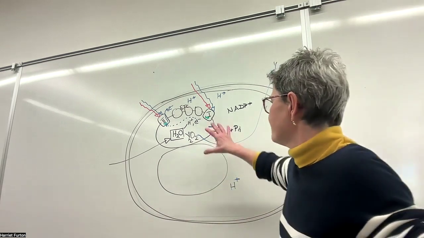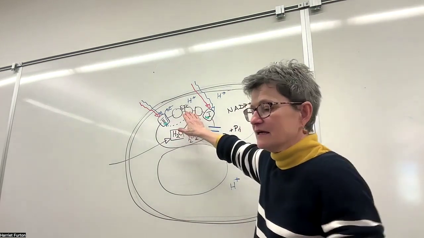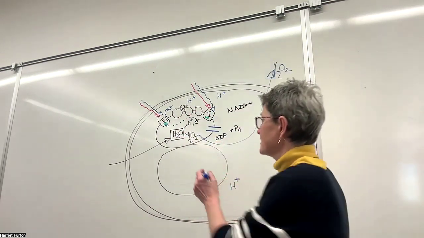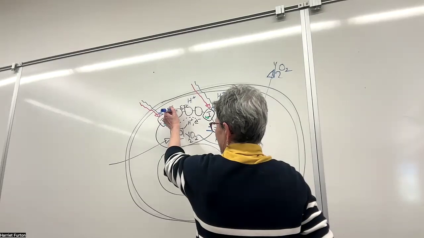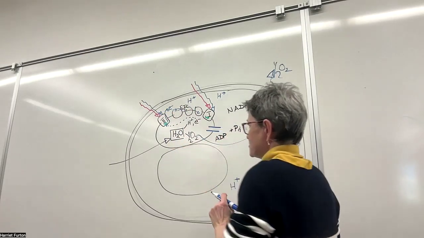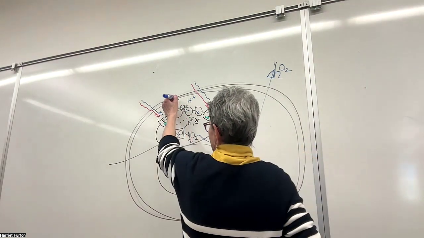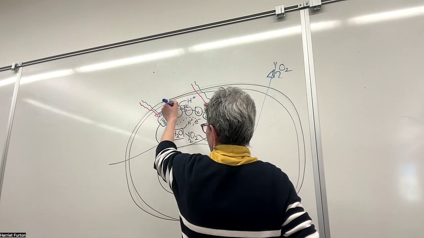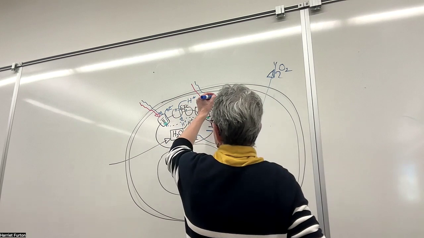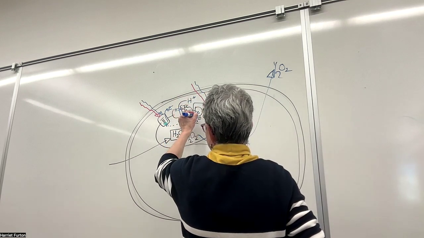The function of the electron transport chain in that process is to build the proton gradient. As they pass the high energy electron, it loses energy as it goes. The electron transport chain proteins are going to make the outside hydrogens go in.